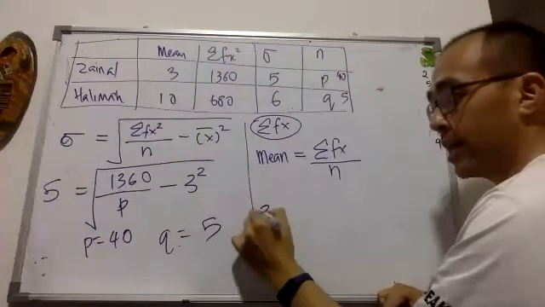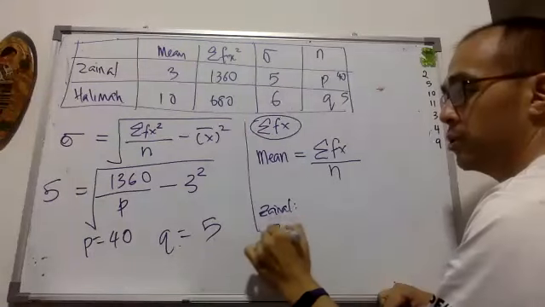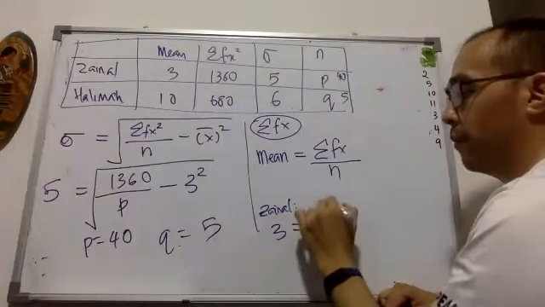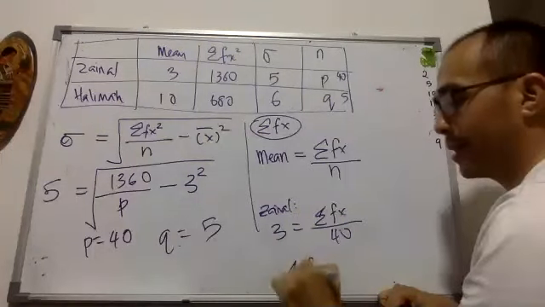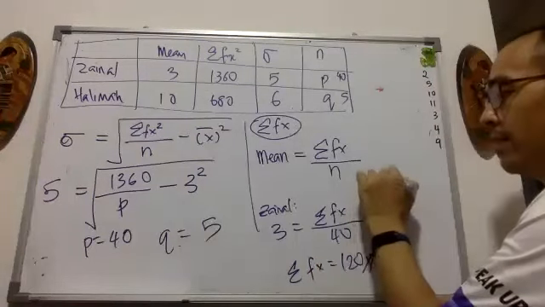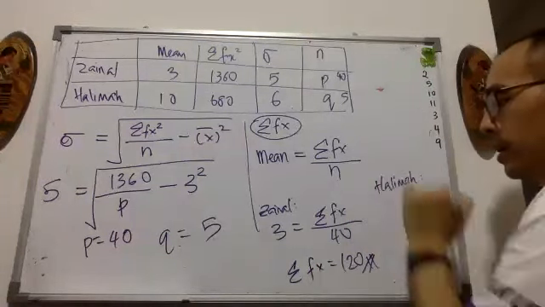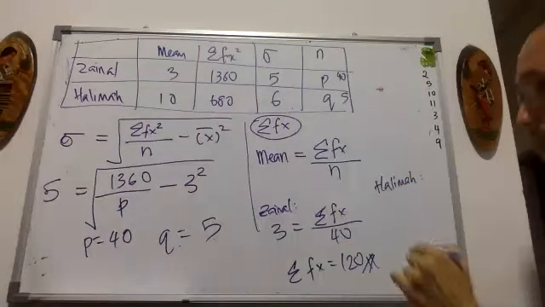So I'm going to just count Zainal's one for you. Zainal, the mean is 3. So 3 equals to the sum of fx over 40. So the sum of fx is 120. Then kamu kira Halimah punya sendiri. I'm just going to give Halimah's answer is 50.